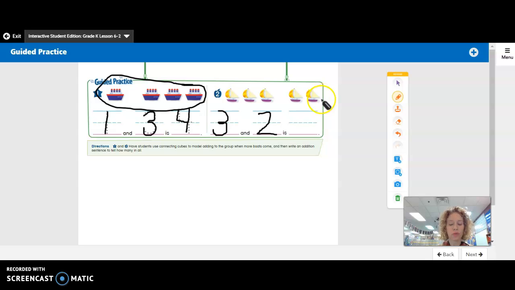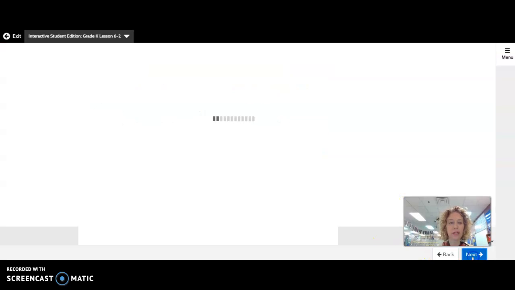So we got to circle all the sailboats. 1, 2, 3, 4, 5. We saw 5 sailboats all together. So our sentence would be 3 and 2 is 5. Great job. All right, let's take a look over here.